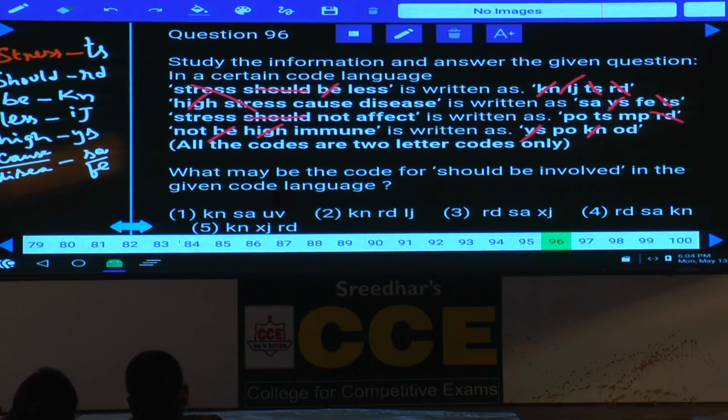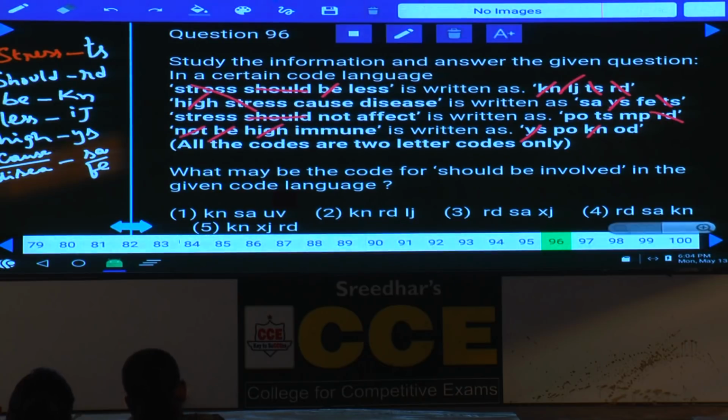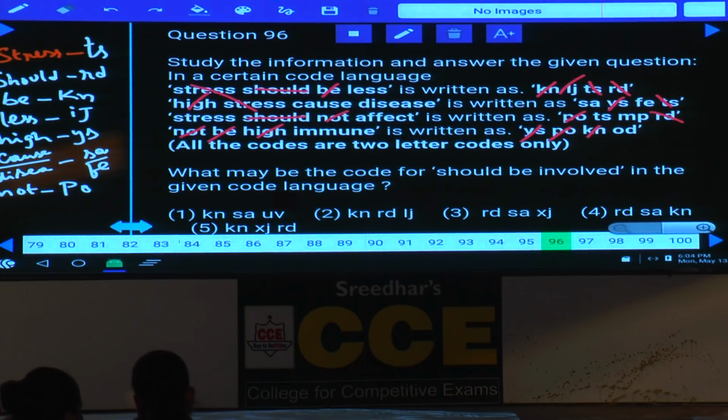Then compare third and fourth: stress not affect. Not is the word common between the third and the fourth, and the code common between these two is PO, so not is PO. In the fourth one, immune is the word left over, and the code left over is OD.